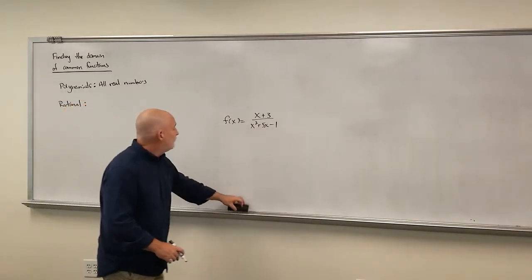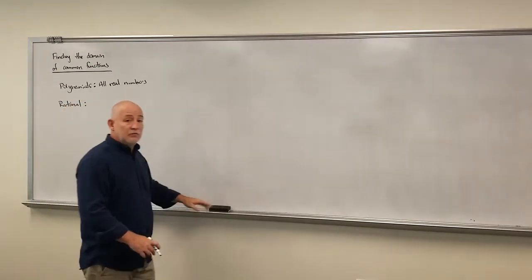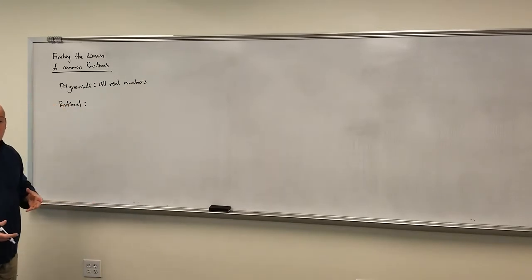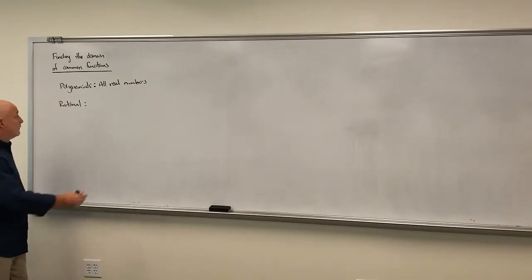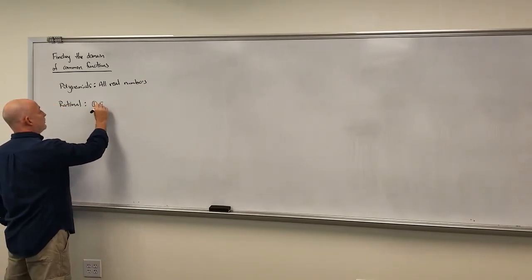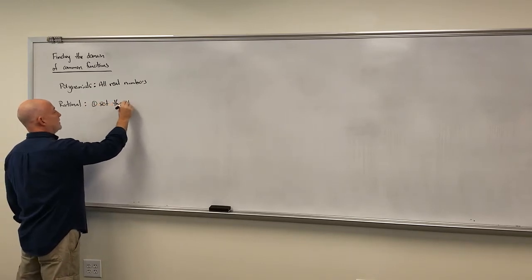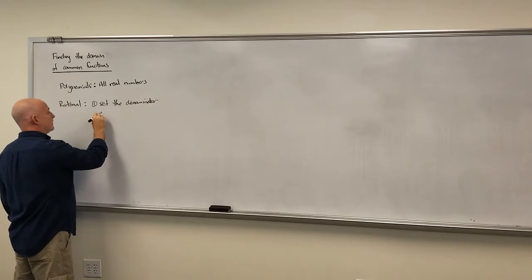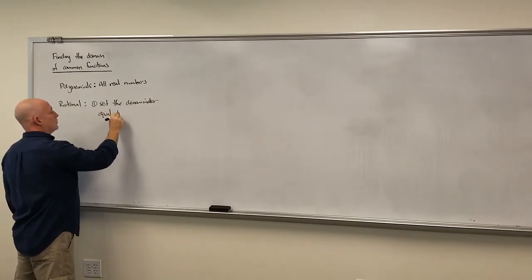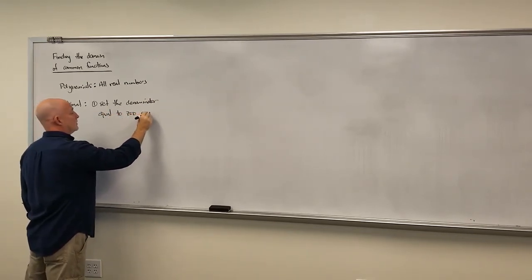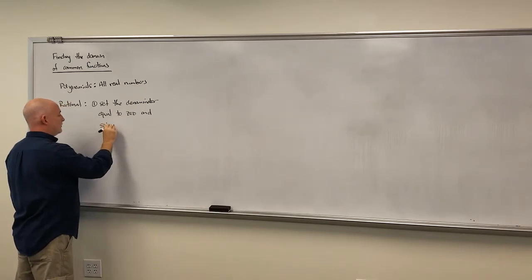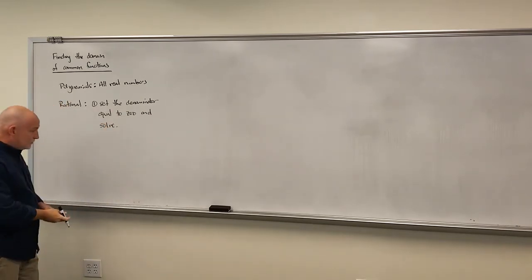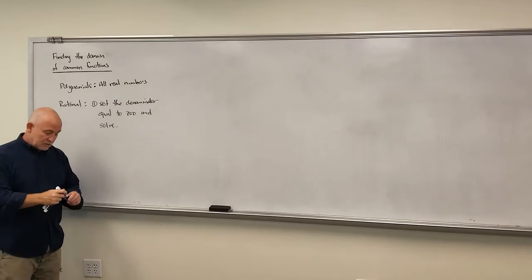So to find the domain of a rational expression, we've got to find the values that make the bottom equal to 0 and get rid of them. So there are some steps here. Step 1, set the denominator equal to 0 and solve. Okay, now this is going to tell us all the values that make the denominator 0.